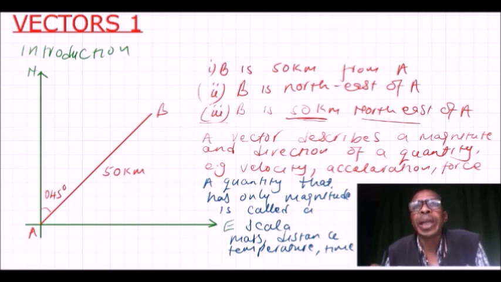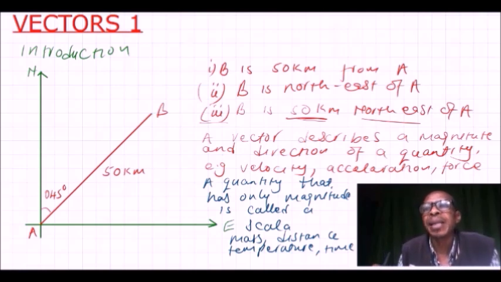So in summary, a quantity that has magnitude, which is the same as size, and direction is known as a vector. A quantity that has only magnitude is known as a scalar, and we have given examples of that.